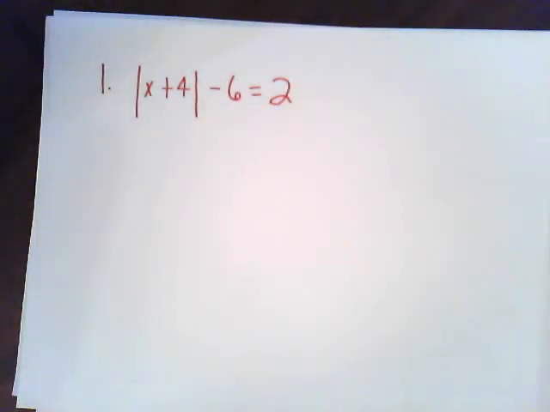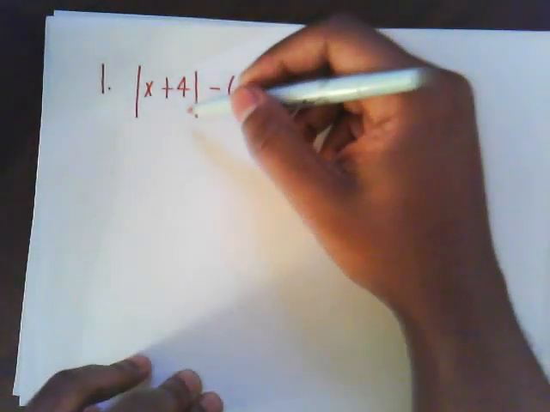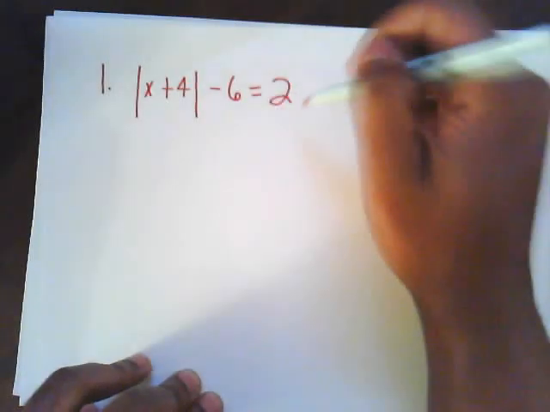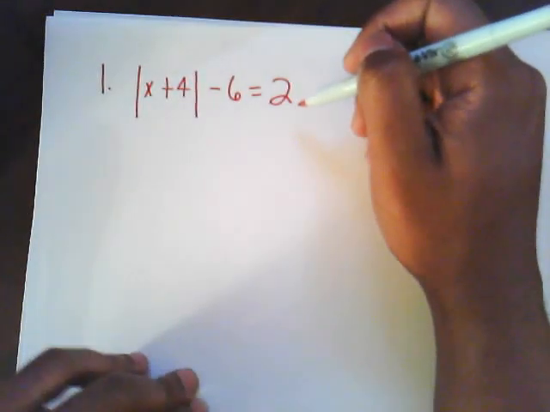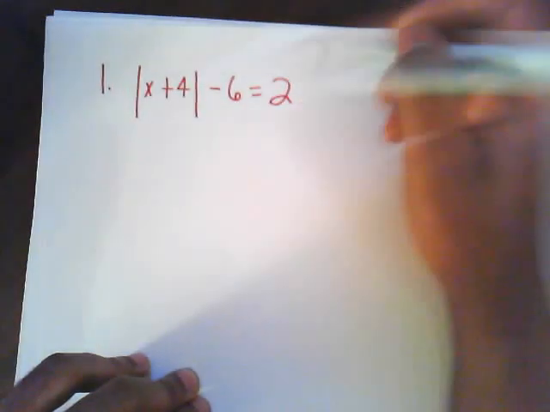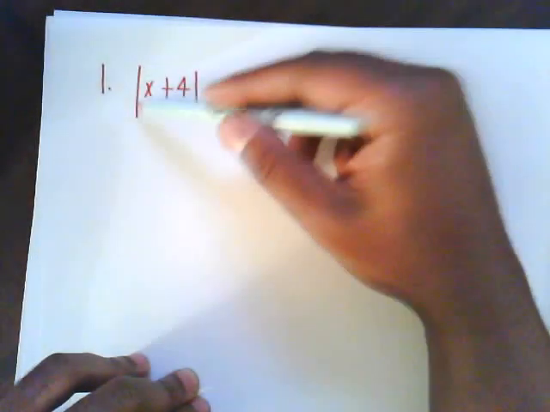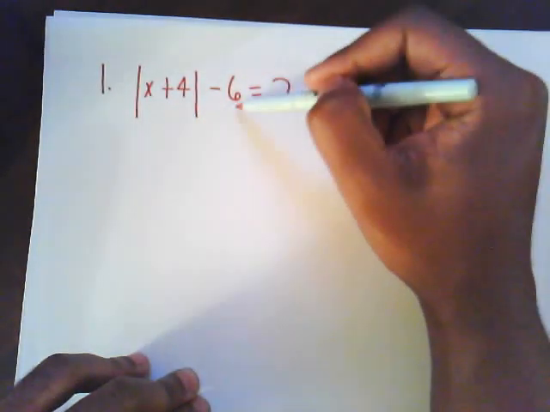Okay, first example. This reads, the absolute value of x plus 4 minus 6 equals 2. The first thing we have to do, we have to move everything away from the absolute value by doing the inverse operation. Well, here's the absolute value here. So, what we need to move away is this minus 6.